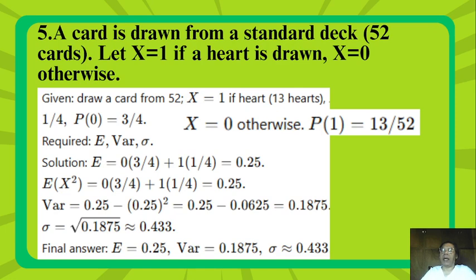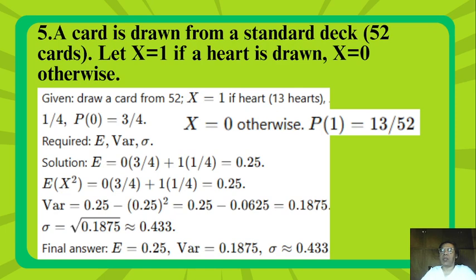Our sigma is the square root of variance. So the square root of 0.1875 is 0.433.